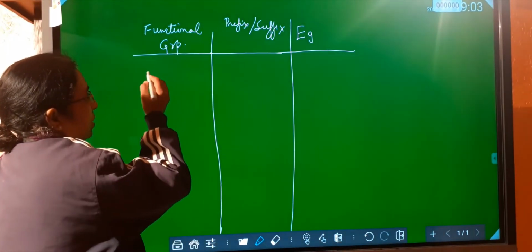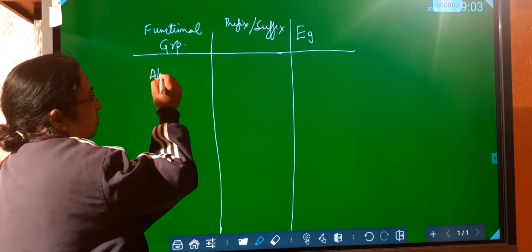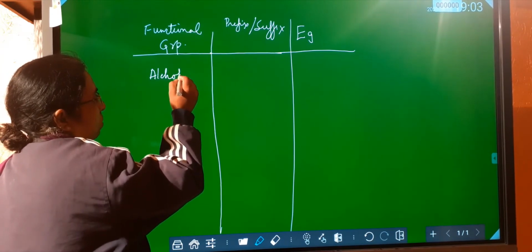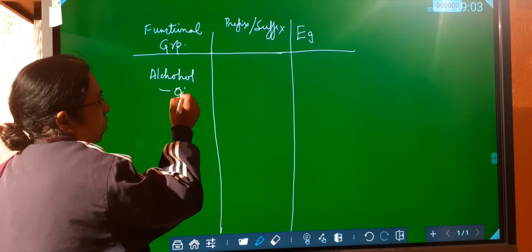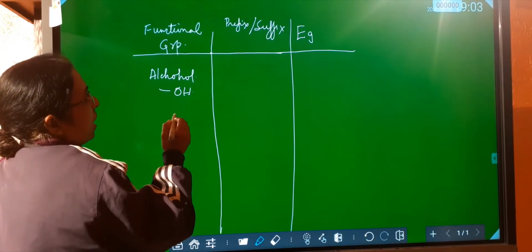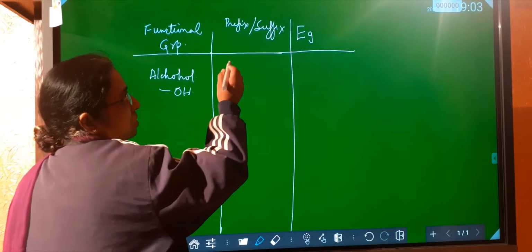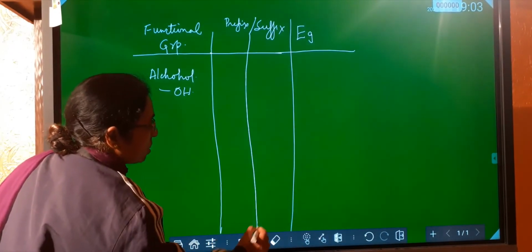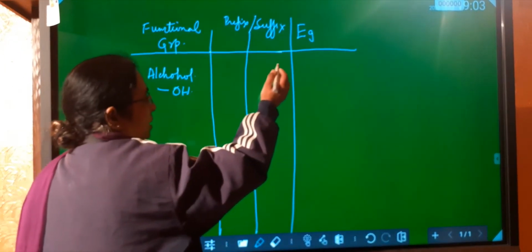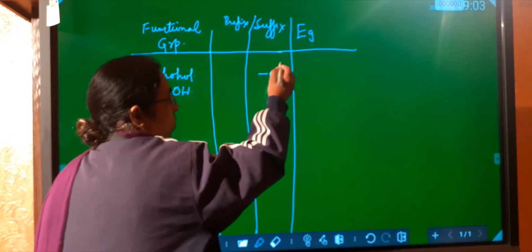Alright, now functional group, say supposing first of all if I write an alcohol. Alcohol, the functional group is OH. Alright, and the name over here, this is either prefix or suffix. So we are going to write a suffix over here as ol.